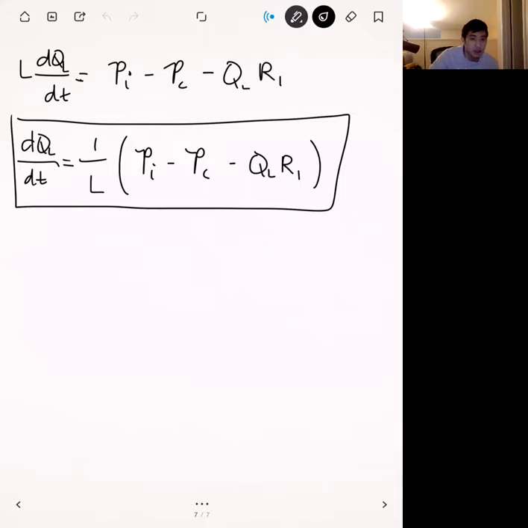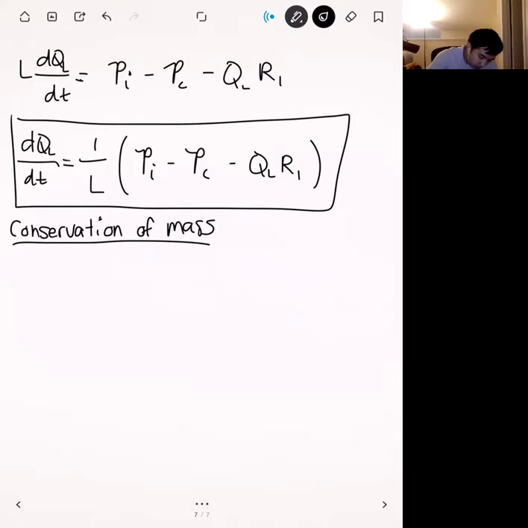Now the second equation, for the capacitor, we get by applying conservation of mass to the point where it junctions off. Conservation of mass looks like the following.